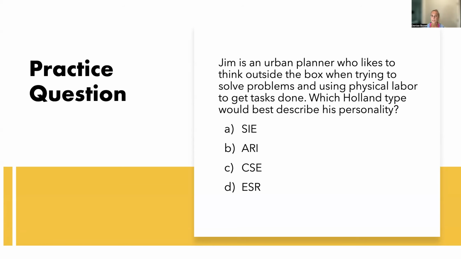He likes to think outside the box, he likes to solve problems, and also use physical labor. Think about what some of those key words were that I mentioned earlier, and which ones can you cross out, and what is your final answer? You can pause the video, think about it for a second, and then on the next slide, I'm going to tell you what his personality type is.